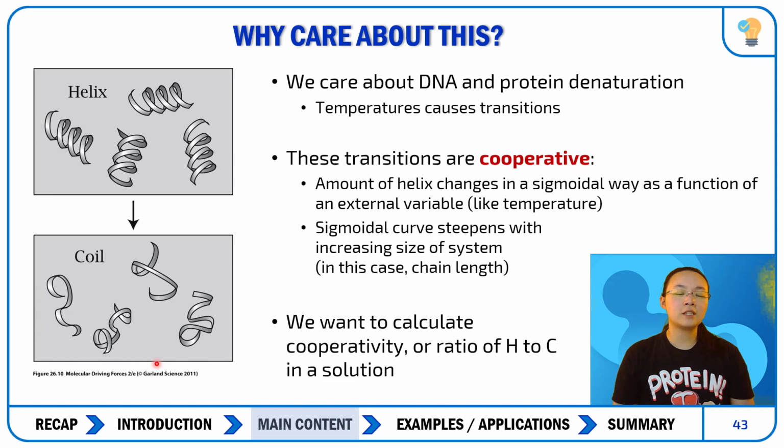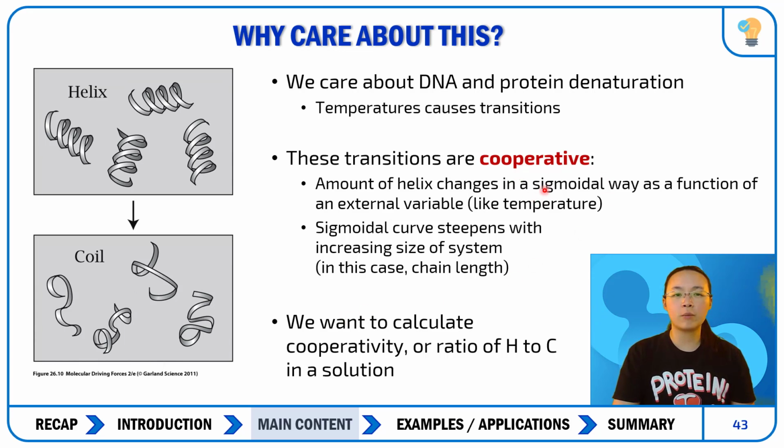But the goal is to be able to compute how many of these proteins are in helical states and how many are in their coil states. So in that case, we have to compute the partition function, and that's going to be based on the combinatorics for counting the numbers of arrangements of H and C units in the chain.